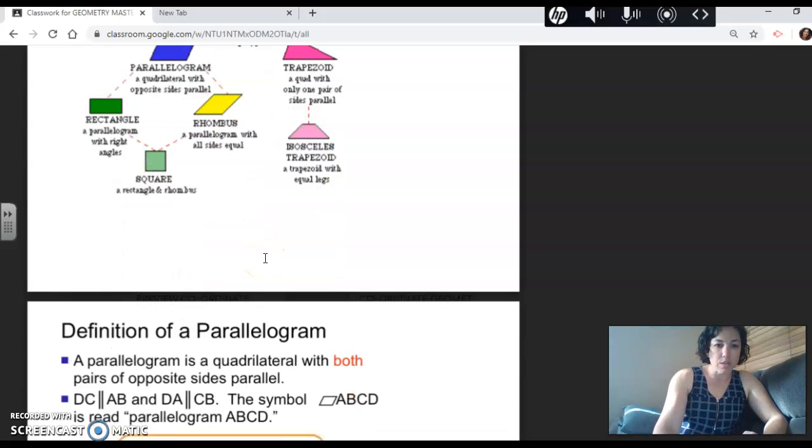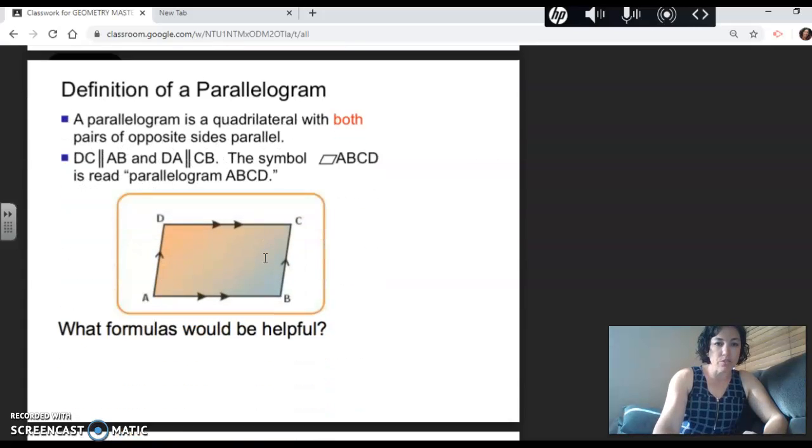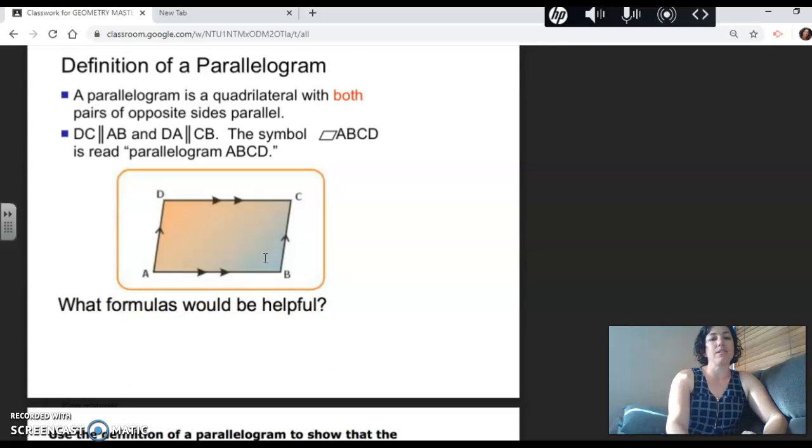Okay, let's keep going. So the definition of a parallelogram is that they have two sets of parallel lines. So here's one set, here's another set. So the formula that you want to use to be able to prove a parallelogram would be your slope.